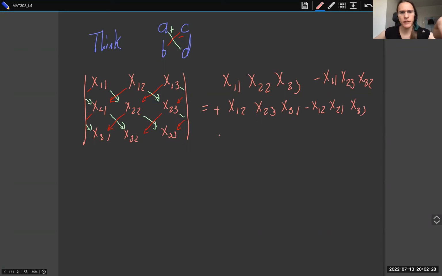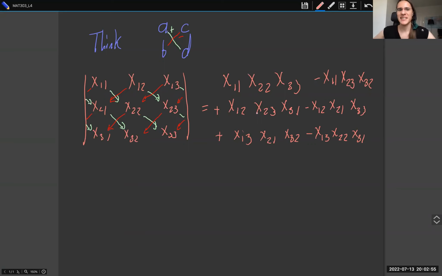And then I'm going to do the green thing from the last thing, which is x13, x21, and then x32. And then minus the red thing from the last thing, x13, x22, x31. So when you have a 3x3 matrix, the determinant is given by this formula.